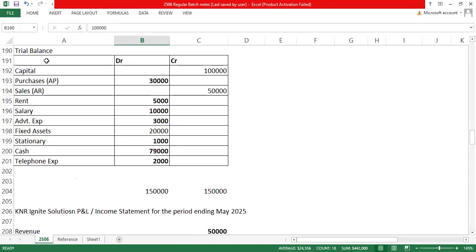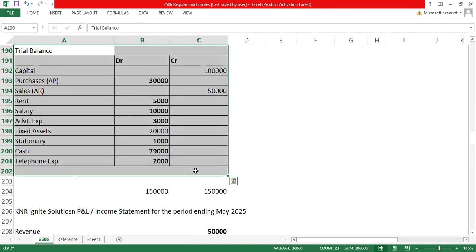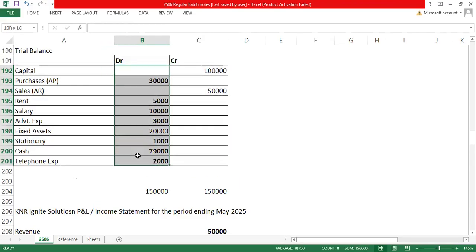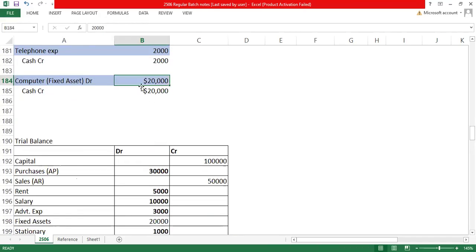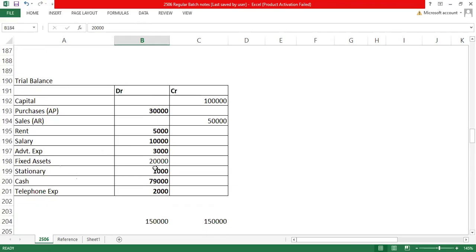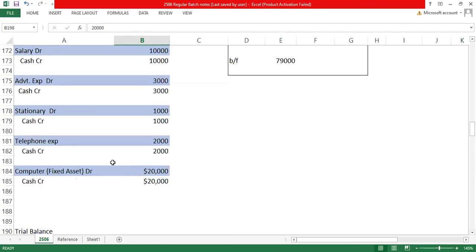This is the statement that you prepare. It is called a trial balance, to check that all my debits equal credits, because for every journal entry I prepared a debit and a credit. This 20,000 is included in a fixed asset here, if you look into this, right? And it is also included in cash on the other side.